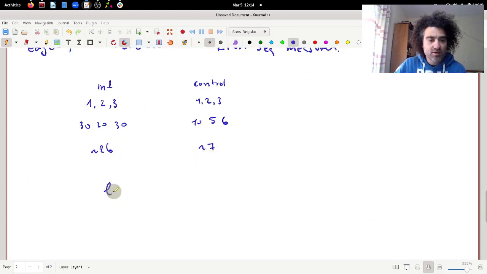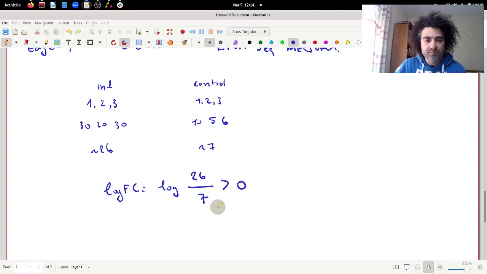So the log-fold change will be a logarithm of 26 divided by 7. And since this is greater than 1, this value will be positive and maybe quite positive.